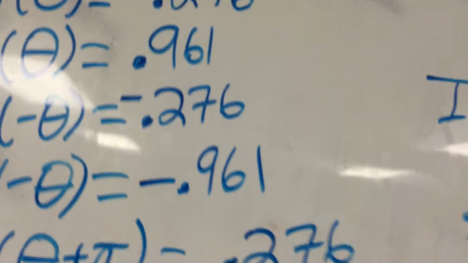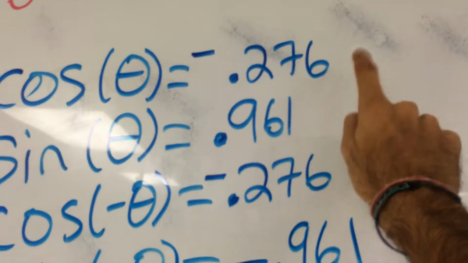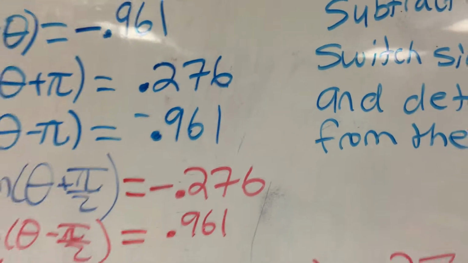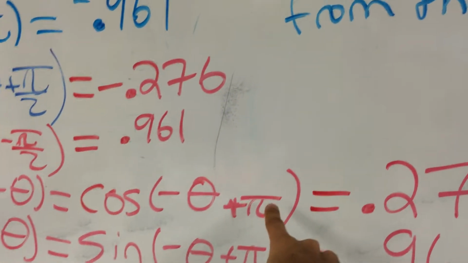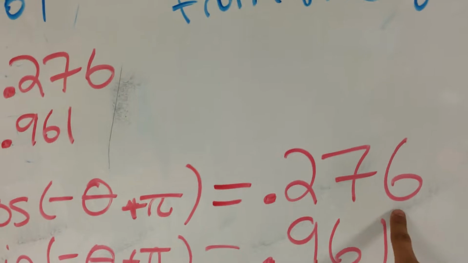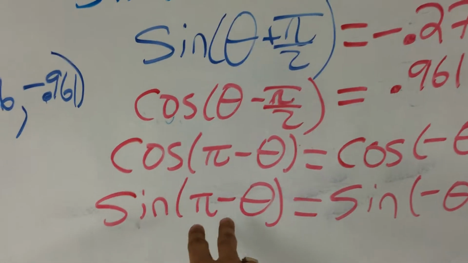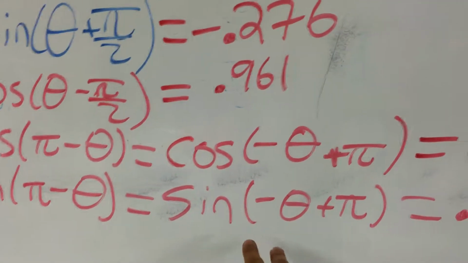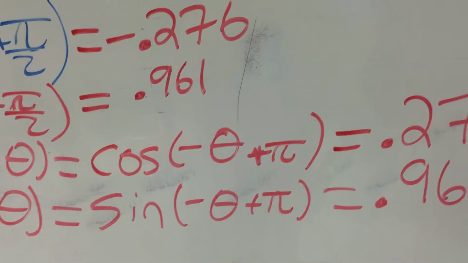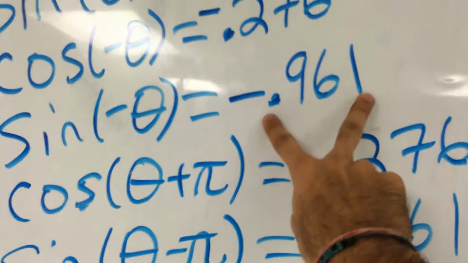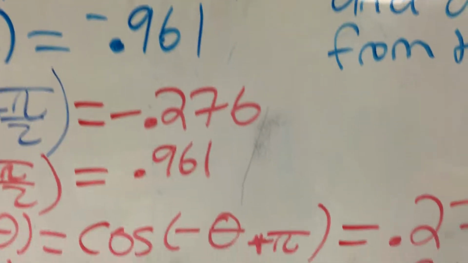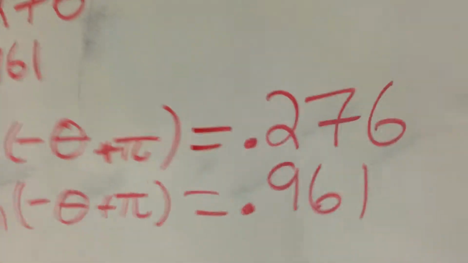And remember, cosine of negative theta equals cosine of regular theta. And now I'm going to add pi, which means change the sign, make the value positive. Similarly, sine of theta minus pi, rewrite that as sine of negative theta plus pi. Sine of negative theta is negative 0.961. Add pi, becomes positive 0.961.